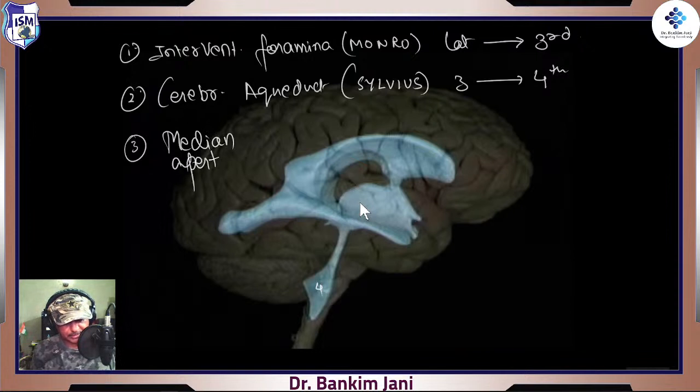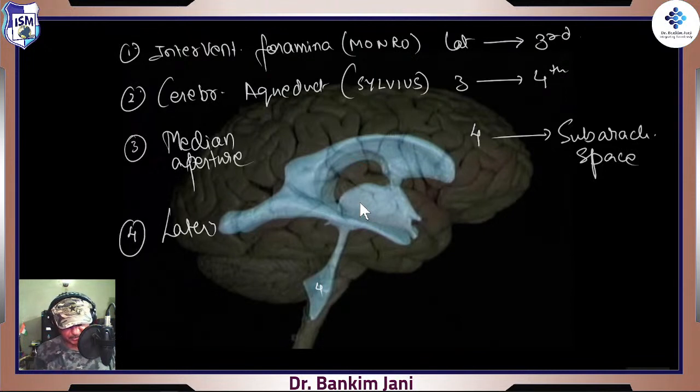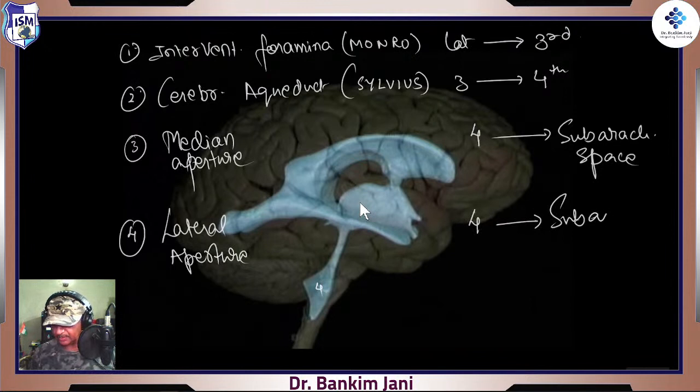That is what is called the median aperture. And that median aperture would open from the fourth ventricle to the subarachnoid space, right? And then there would be two more, that is the lateral aperture on both the sides, again from the fourth ventricle to the subarachnoid space.